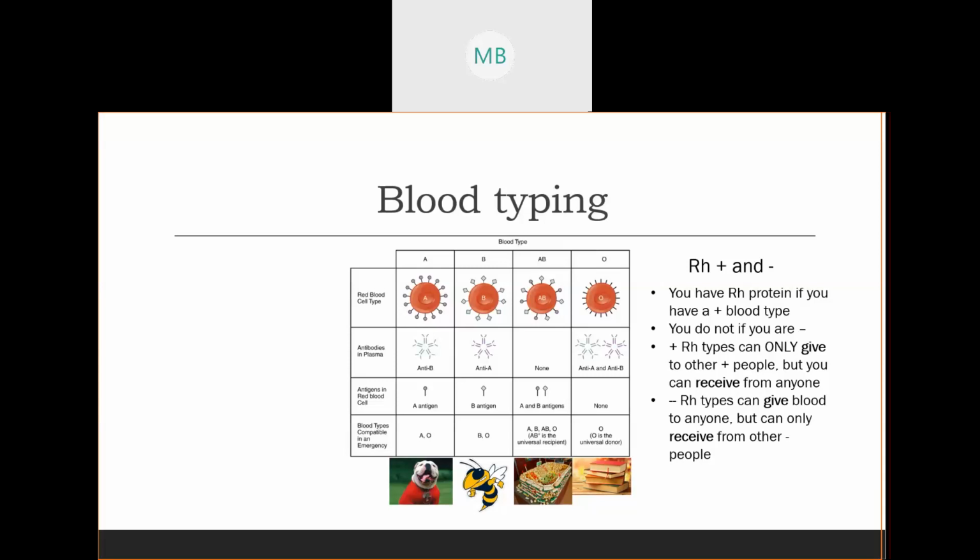But you can only receive blood from other negative people, because if somebody gives you positive blood, your body will attack the blood. So negative blood types can give to everybody, but only get from other negative people. Positive blood types can only give to other positive people, but they can get blood from anyone.